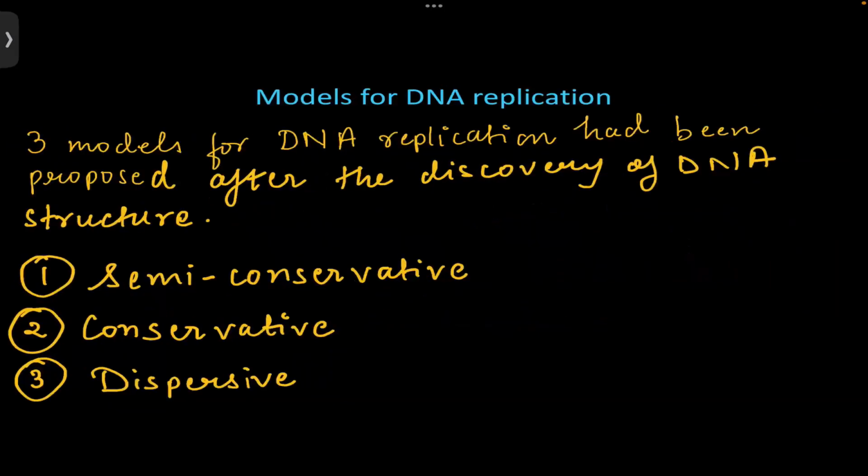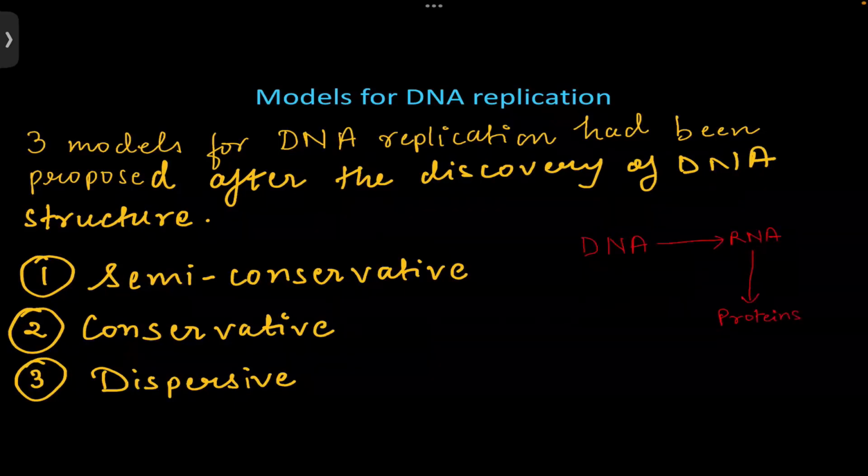In today's class, we will focus on DNA replication, or how DNA replicates. If you remember the central dogma of molecular biology, the information from DNA gets copied into RNA, and information from RNA gets copied into proteins. The copying of information from DNA to RNA is called transcription.